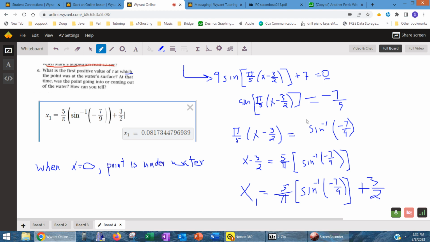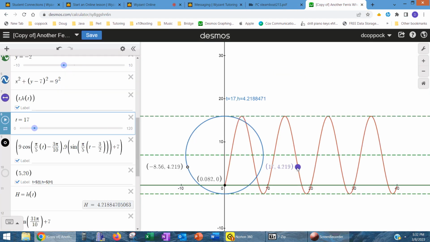So the first angle is the inverse sine of -7/9, but if we solve for x, this is what we get. So the first time that wheel hits water level is at 0.082 seconds.